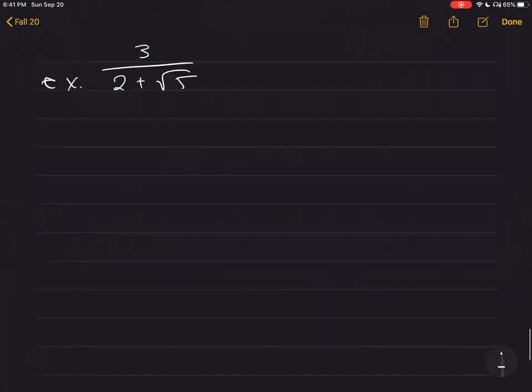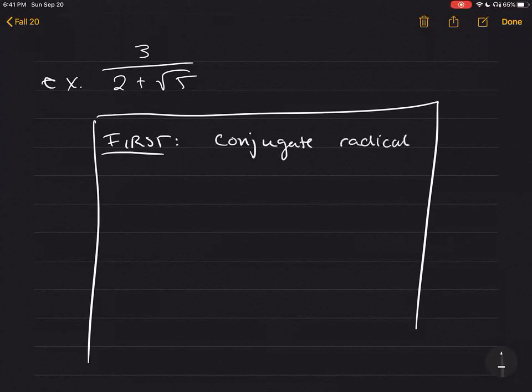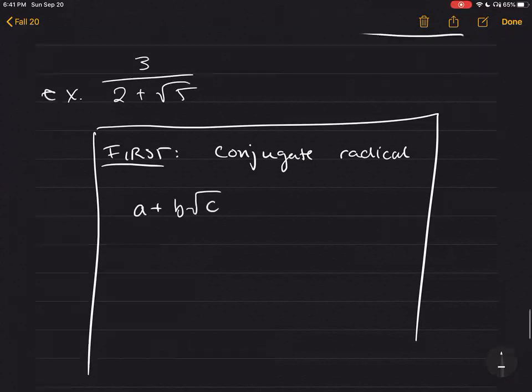So the first step here, we're going to find what's called the conjugate radical, okay? So the conjugate radical is this. If you have something like a plus b times square root of c, so in this case up here, a is 2, b is invisible 1, just 1, and c is 5.